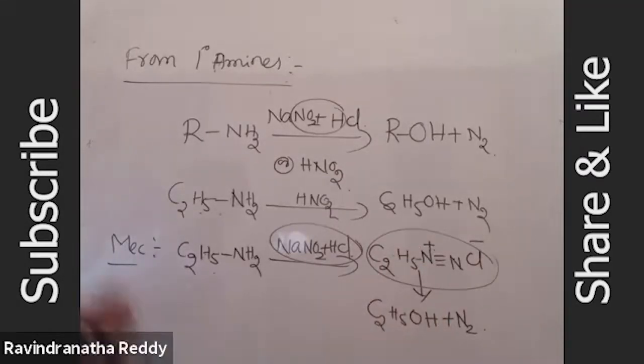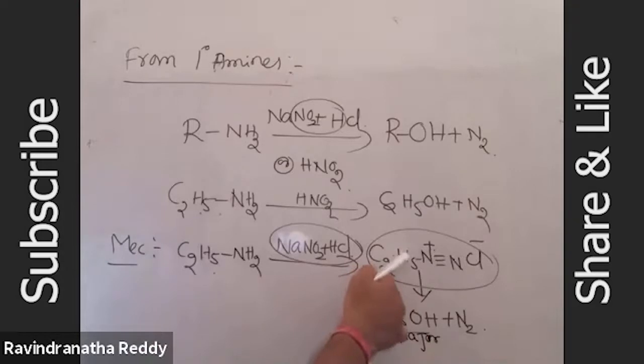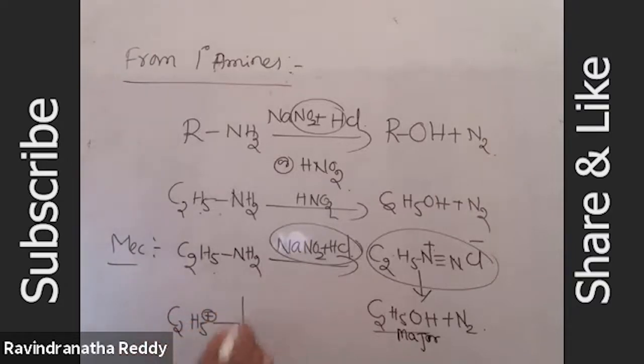We get various products in this reaction, not only alcohol, but alcohol is the major product. It converts to C2H5 plus, N2 and Cl minus, so C2H5 plus is the reaction intermediate, a carbocation.